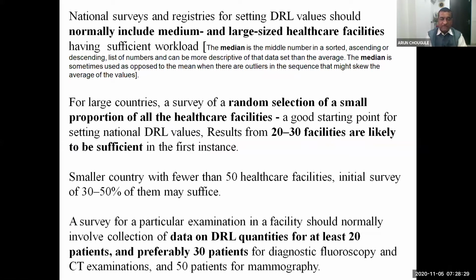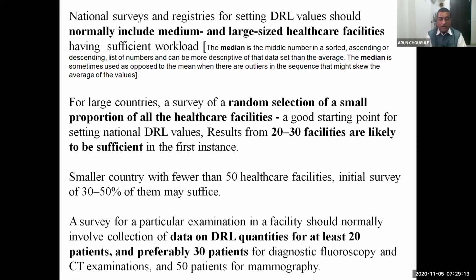For example, chest X-ray, spine X-rays, lumbar spine, all kinds of X-rays, at least 30 X-rays they are doing. For large countries, a survey of a random selection of a small proportion of all healthcare facilities is a good starting point for setting national DRL values; results from 20 to 30 facilities are likely to be sufficient in the first instance. For a smaller country with fewer than 50 healthcare facilities, an initial survey of 30 to 50 institutions will suffice to get the data.